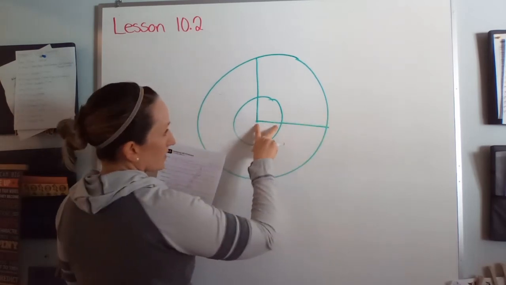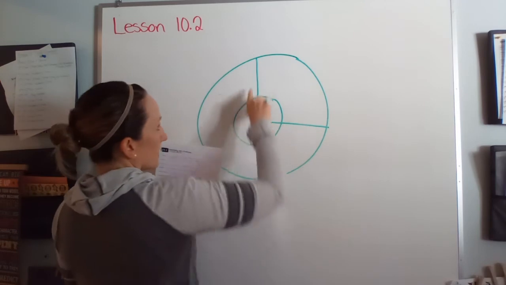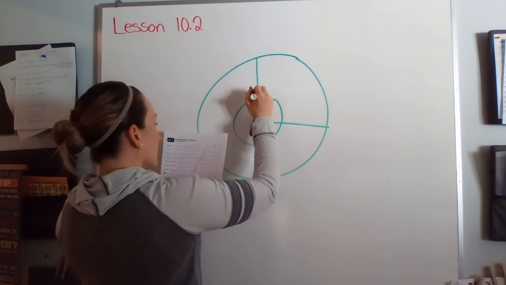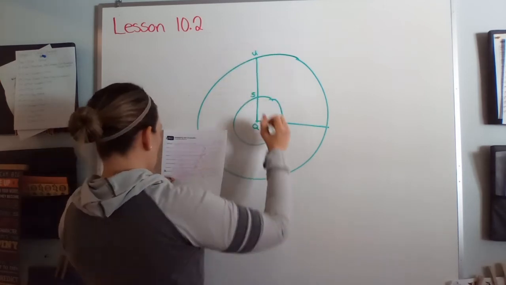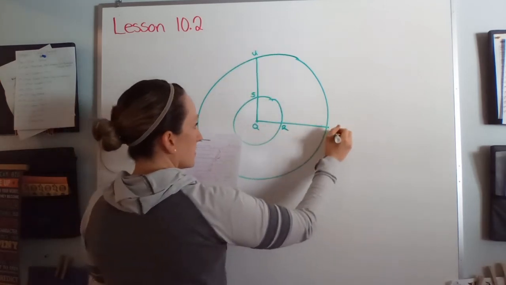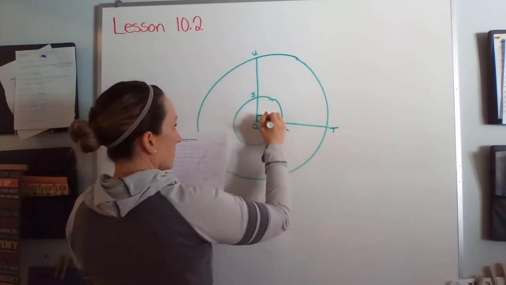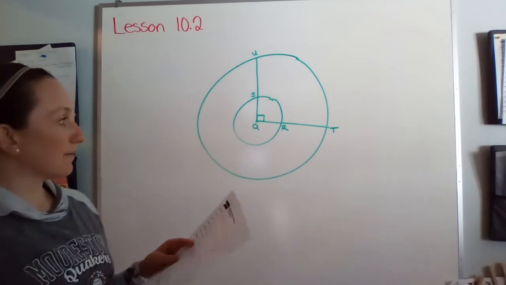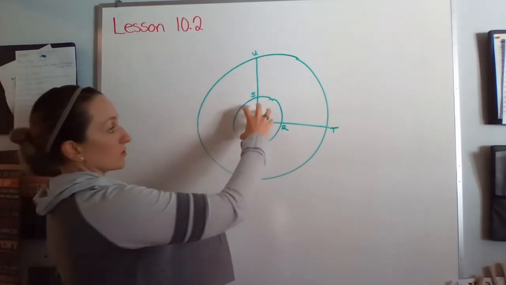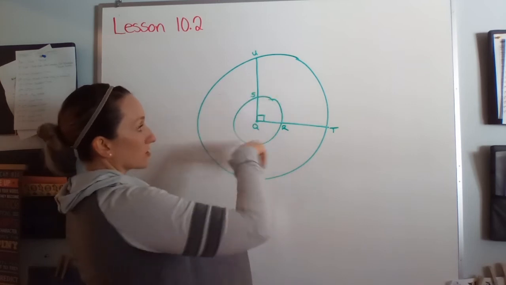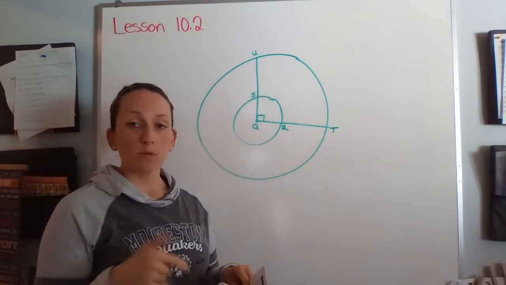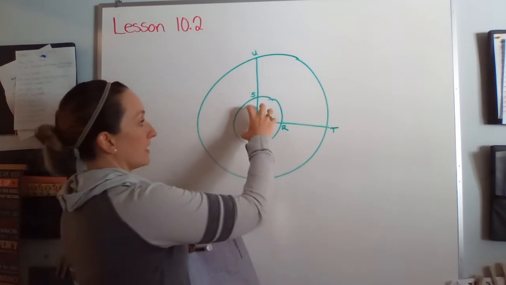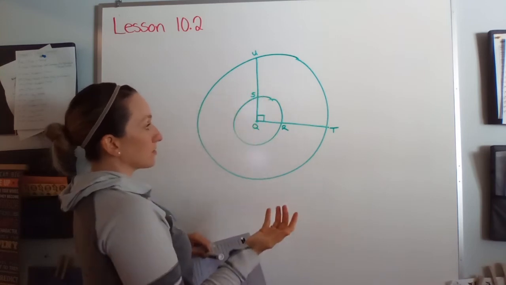So I have the radius, the radius of the big circle, the radius of the small circle, and I used letters Q, S, U, and R, T, and I also have a 90-degree angle. All right, so similar arcs that have the same measure. Okay, so these two circles, the small circle and the large circle, they're not congruent to each other. But one thing we're going to talk about in a second is all circles are similar to each other. So the big circle and the small circle are similar to each other.